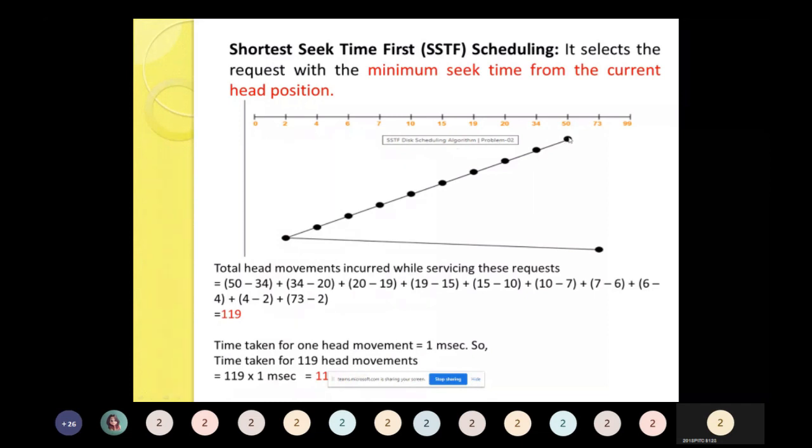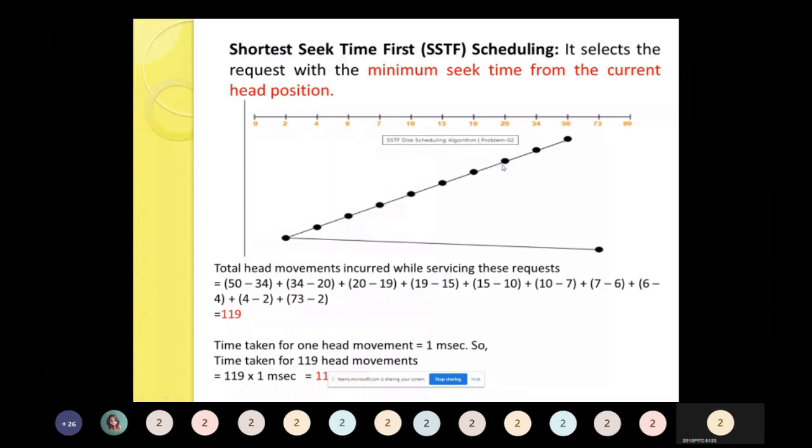First, the values given in the question, the position from 50. From 50, the minimum seek is 34, and after 34 it is 20.